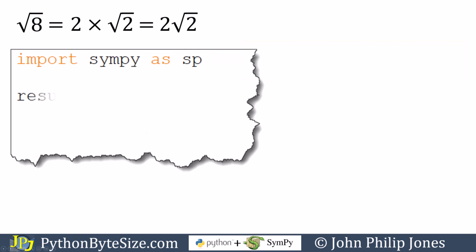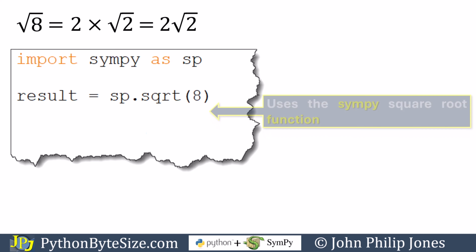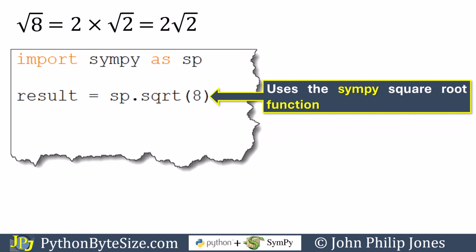The next line uses the square root function that belongs to sympy to find the square root of 8, and the result returned by the function is assigned to the variable I've called result.